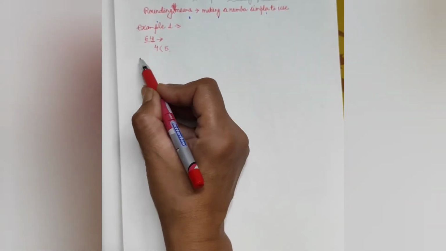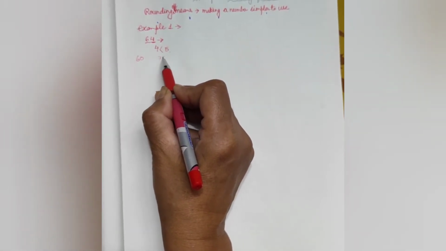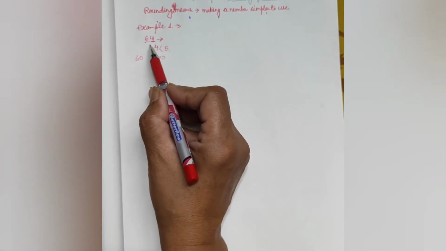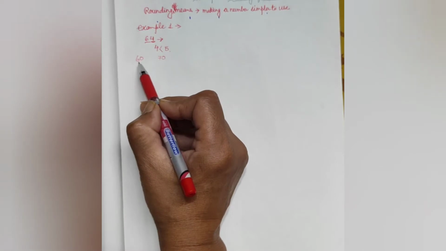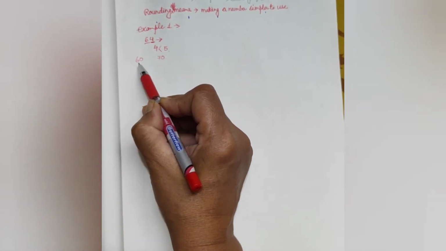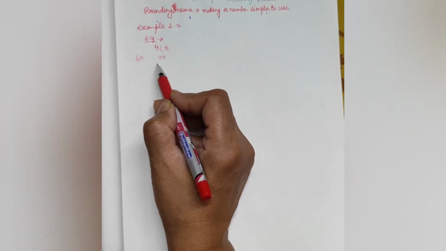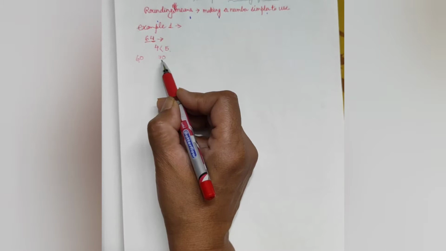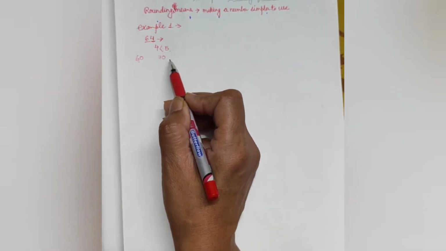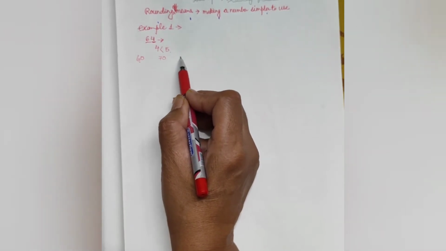For 64, the lower number is 60 and the upper number is 70. 64 is closer to 60, hence 64 is rounded to 60.